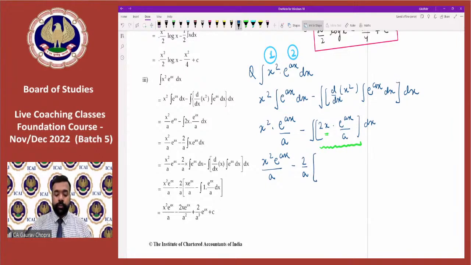Now apply the integration by parts once again. X is the first function, then integration of e to the power of ax dx minus again integration d by dx of x, integration of e to the power of ax dx.